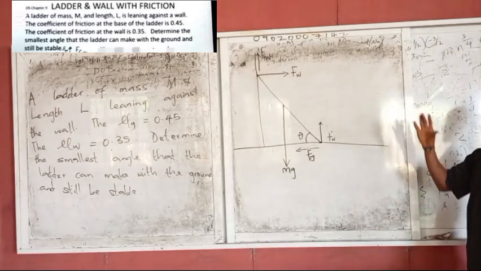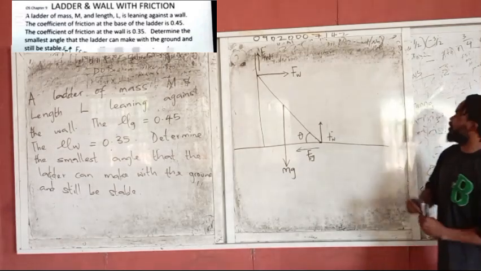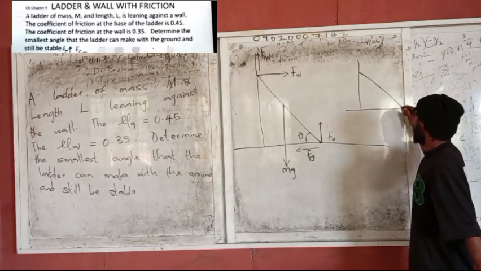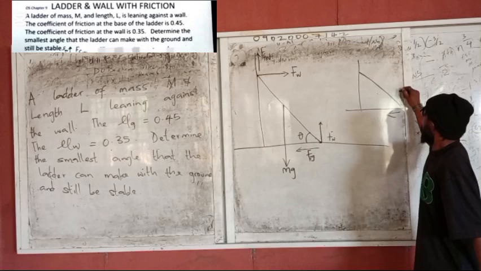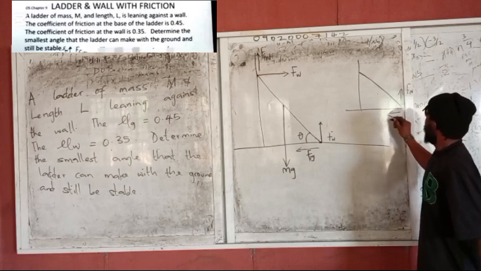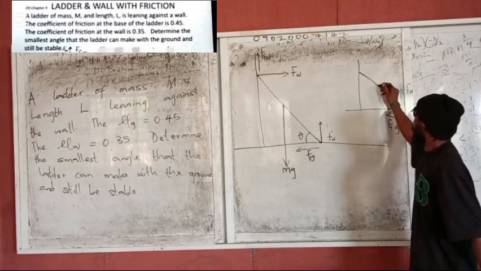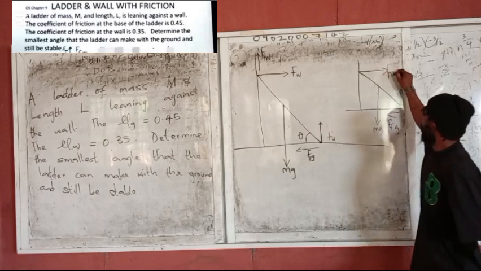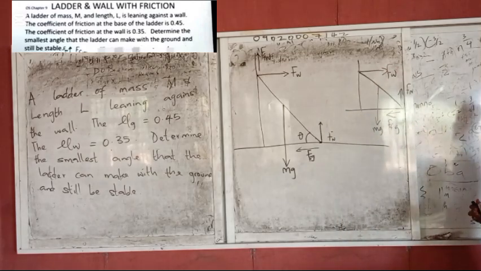If possible, snap it and note it. When it's frictionless, you just have this one, Fn, and the other forces, mg, and just this one. If it's frictionless, this. If it's frictional, this. These are the two.